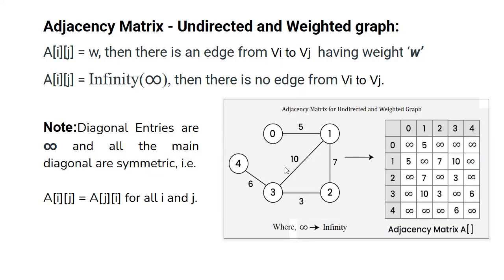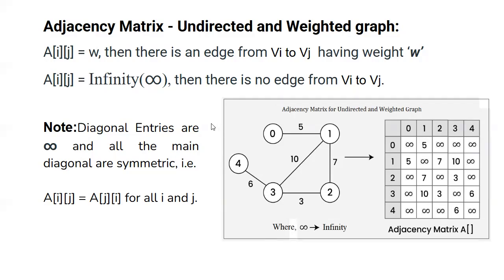Its cost can only be calculated later, so the diagonal values from 1 to 1, from 0 to 0, from 2 to 2, are infinity in a weighted graph. If it is an unweighted graph, these diagonal values are 0. And the values are symmetric about the main diagonal. For example, if 1 to 3 is 10, then 3 to 1 is also having the value of 10.